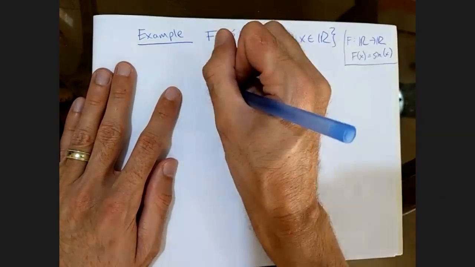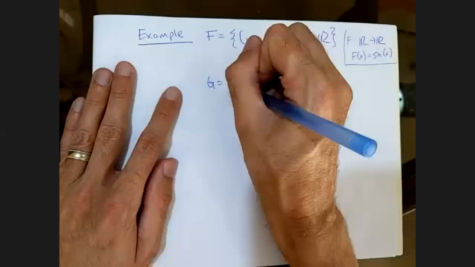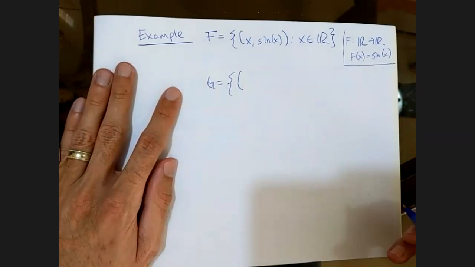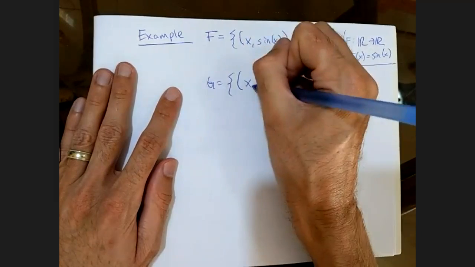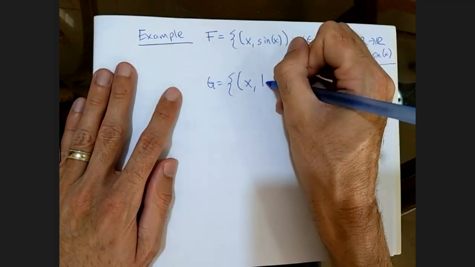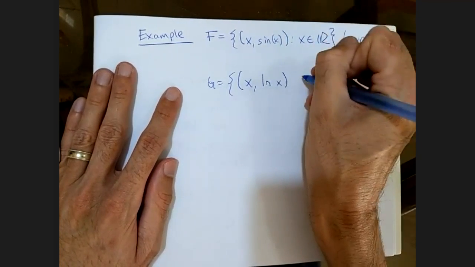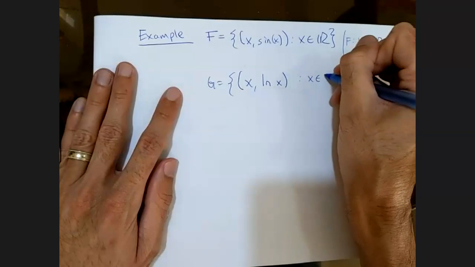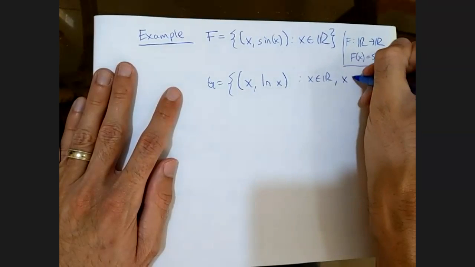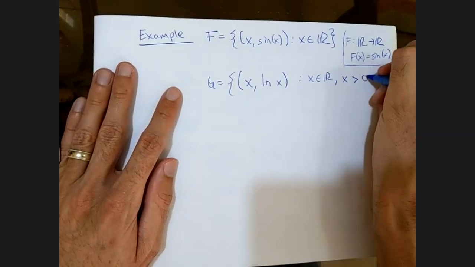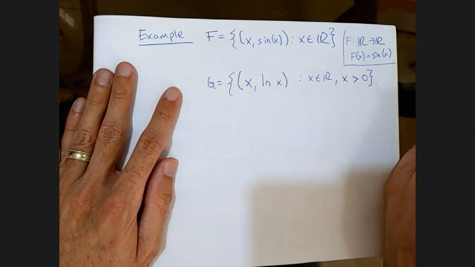And then maybe G is going to be the ordered pairs x, natural logarithm of x, where x is a real number and x is greater than 0. Okay.